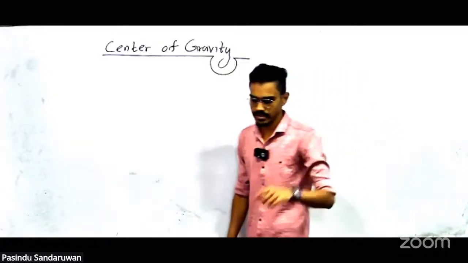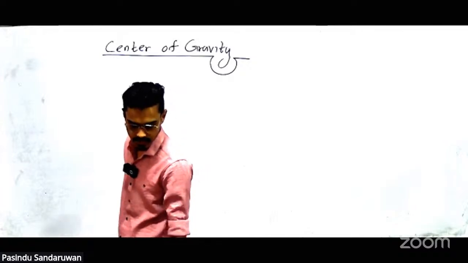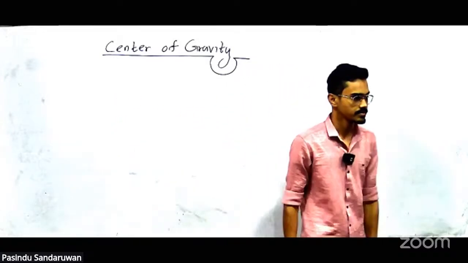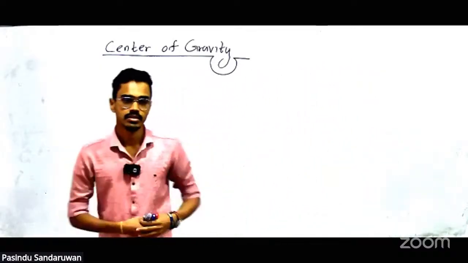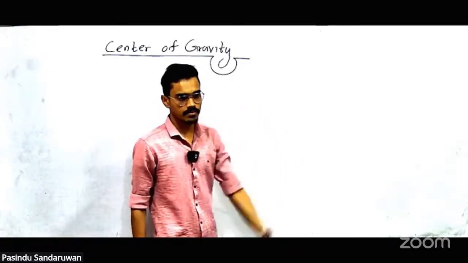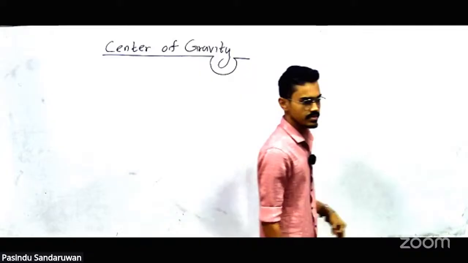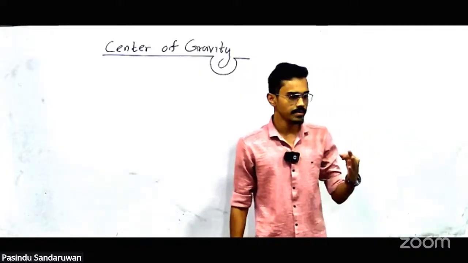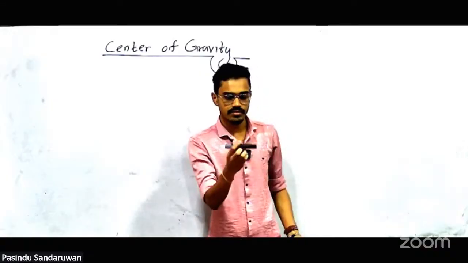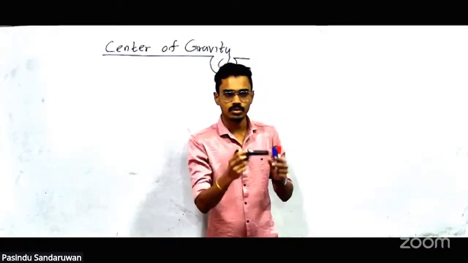So what matters is distribution of mass, so don't say shape, say distribution. Based on the position of center of gravity of an object, there are three equilibriums, depending on where the center of gravity is located with respect to the object.